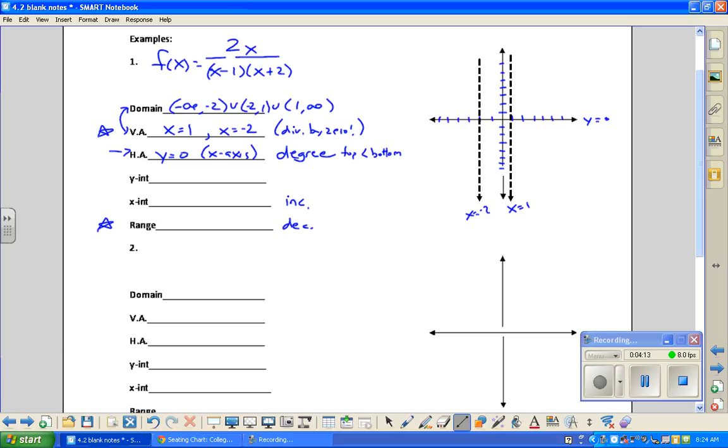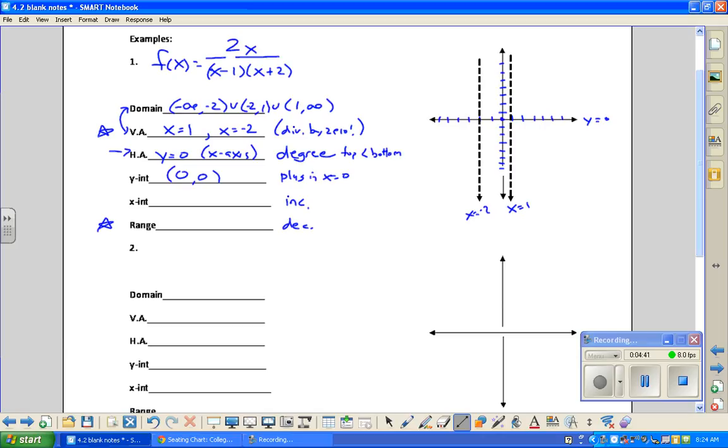All right, y-intercepts. Right, so I plug in x equals 0, see what I get for y. So everybody do that. What do you get? 0, right? 0 over negative 1 times 2 is just 0. So it goes through the origin.